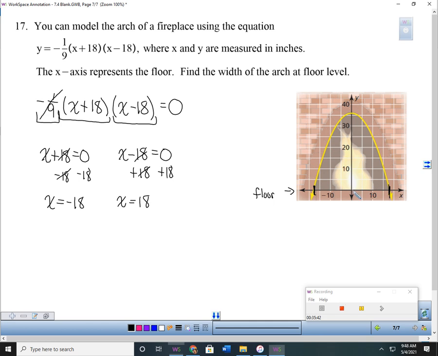So in other words, from here to here is a distance of 18, right? That's on the right side. This point is a distance of 18 to the left side. So all we do is take 18 and add that to 18, which gives us 36, and it says it's in inches.